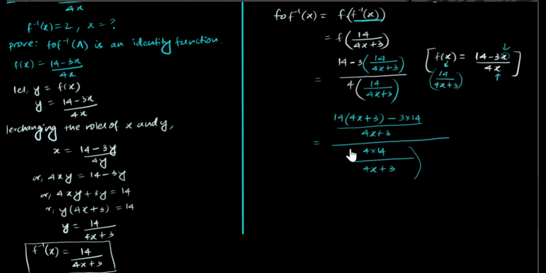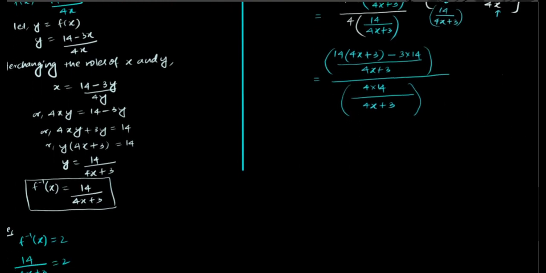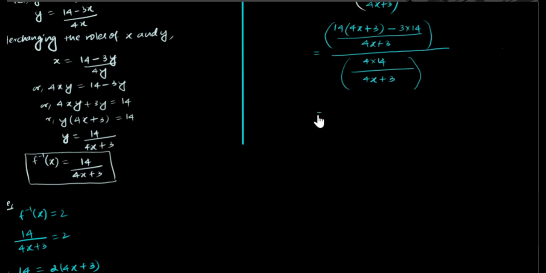This is the numerator and this is the denominator. Let me do the basic multiplication. 14 times 4x is 56x, plus 14 threes are 42, minus 3 fourteens are 42, divided by 4x plus 3.